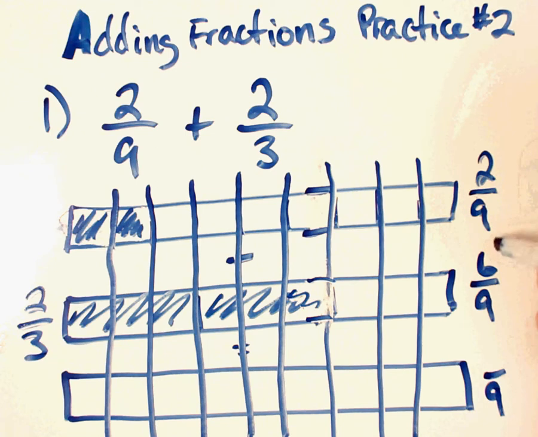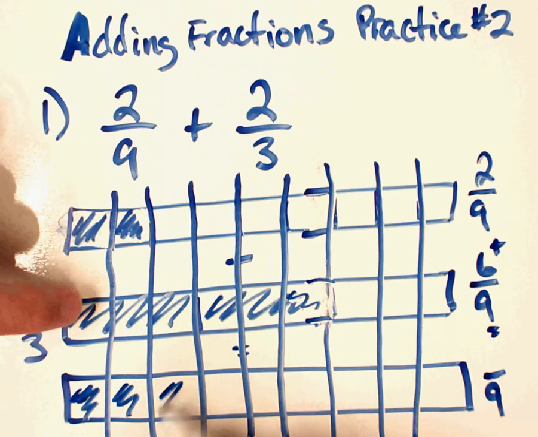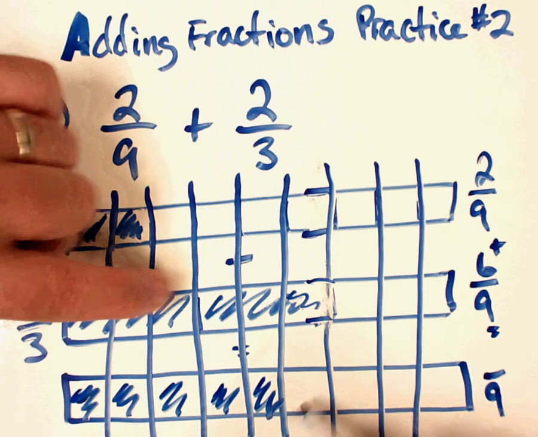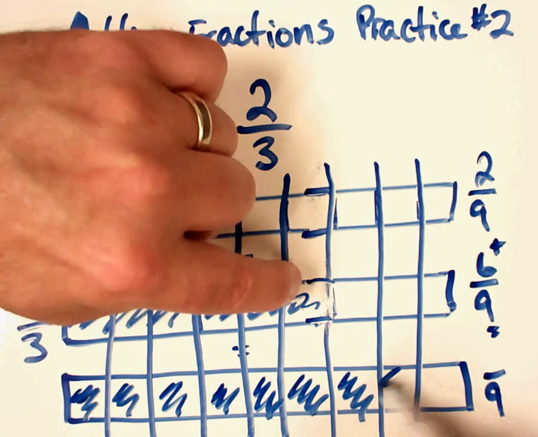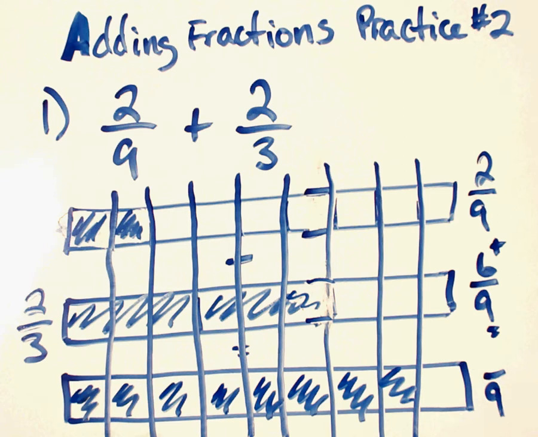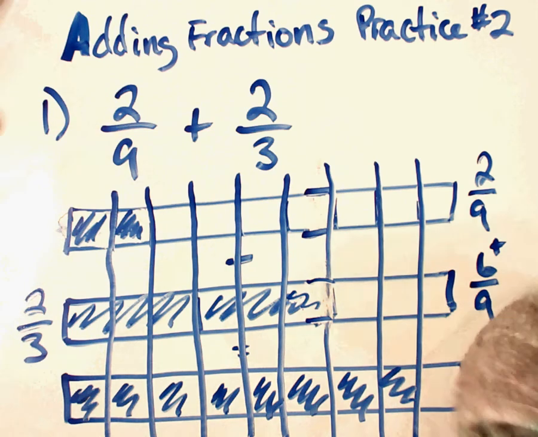And so now I'm going to add 2/9 and 6 ninths, and I'm going to get 1, 2, and then 1, 2, 3, 4, 5, 6. So I'm going to end up with 8 ninths. And that's all I have to do on these problems. All right, let's go on to number 2.